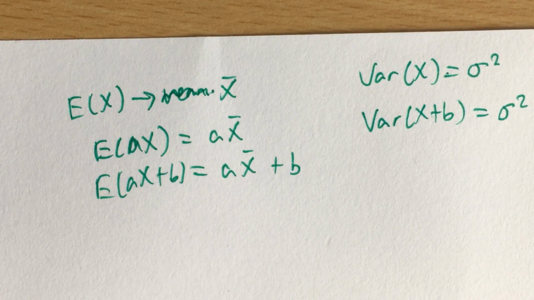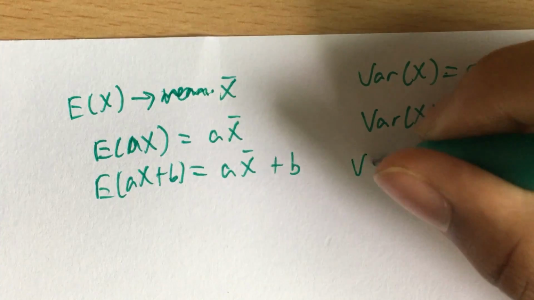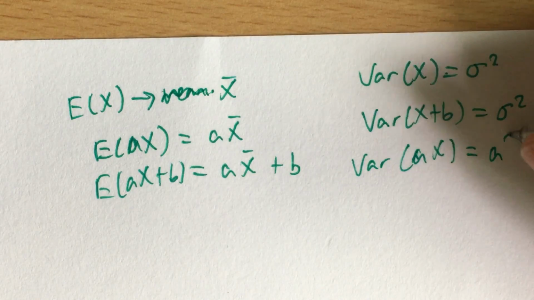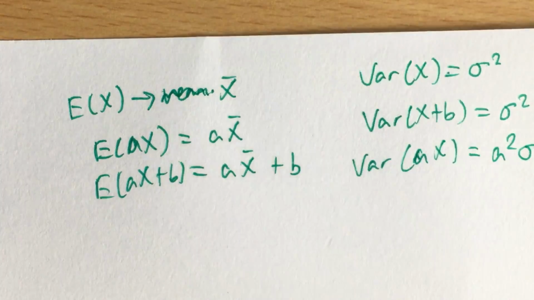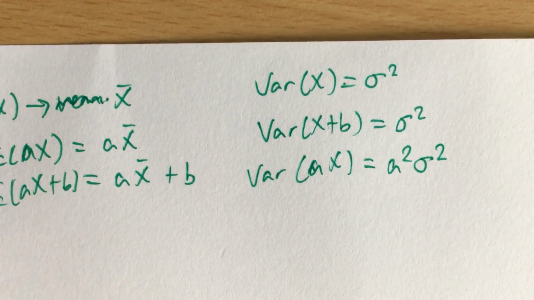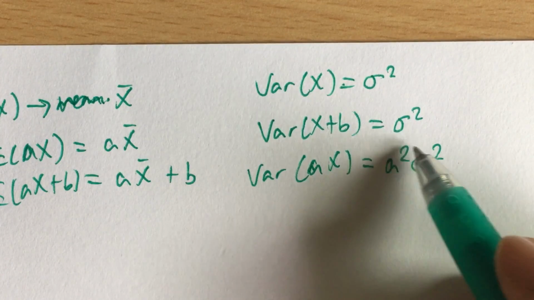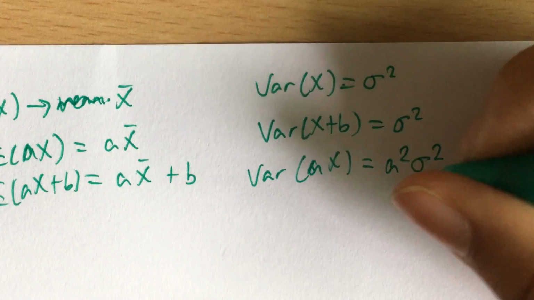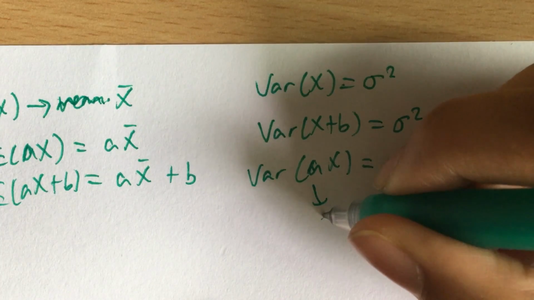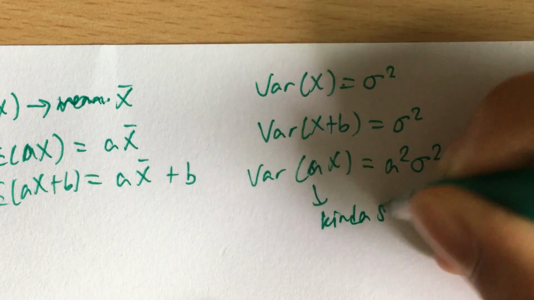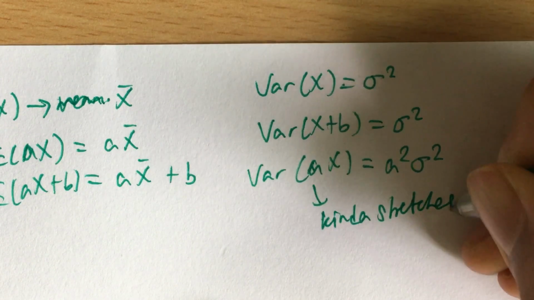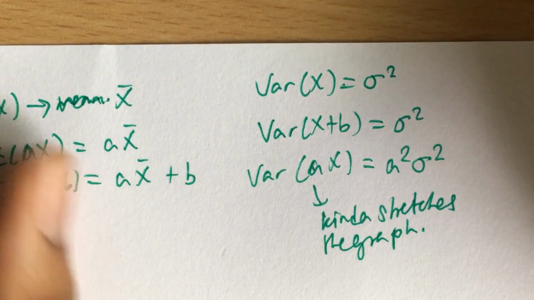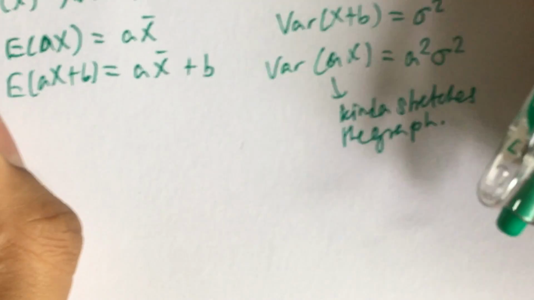But when you times x by a, if you find the variance of ax, then you would have to times it by a squared, because the inclusion of a as a multiplier also increases the distance in terms of the value, so the variance is affected by this particular a. Therefore you have to make it a square and not just a.